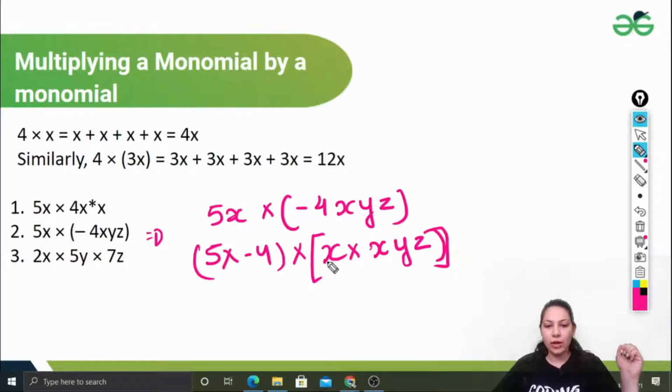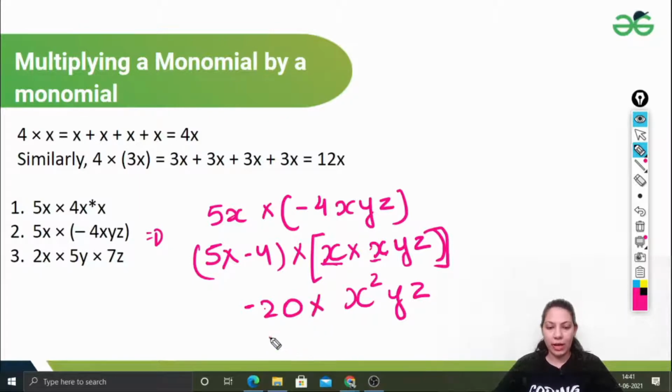So we will multiply the like terms, that is x square, and yz will remain as it is, and here 5 4s are 20 and the minus sign will appear. So the answer will be minus 20 x square yz. Okay, why not y square z square? Because there are no terms like y and z. X is multiplied 2 times, so it will result as x square, and yz as it is.